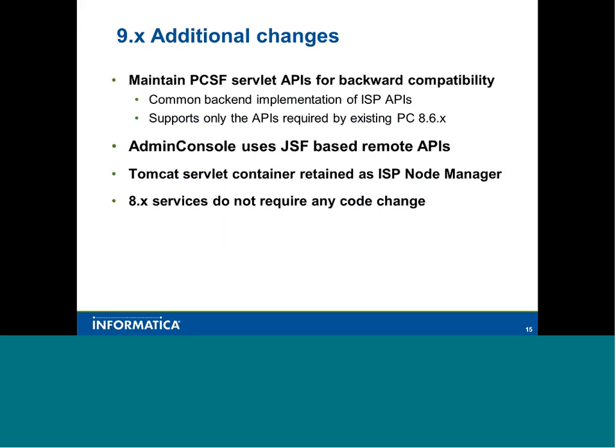And the Tomcat service maintains the ISP node manager. It is not moved out, so it is still part of the Tomcat, even though we run this as new Java services. So it is part of the ISP node. Now, 8.x services do not require any code changes for this to work.